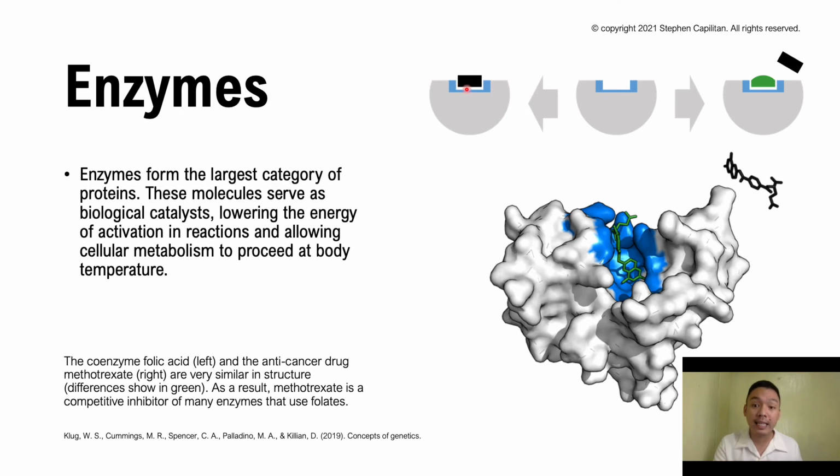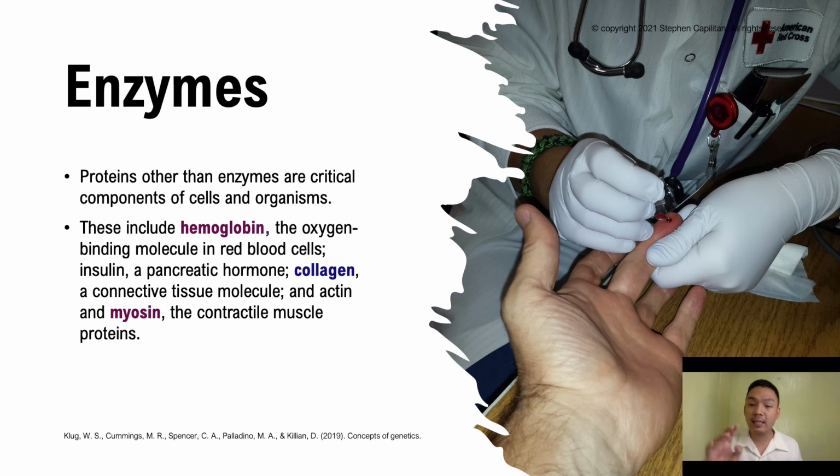The lock and key hypothesis. These are your enzymes; generally, their names end in -ase. Proteins and enzymes are very critical components of cells and other organisms. They include hemoglobin, an oxygen-binding molecule in red blood cells; insulin, a pancreatic hormone which regulates glucose levels; and collagen, a connective tissue molecule found in your skin, the dermis.